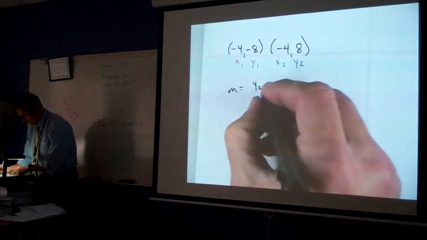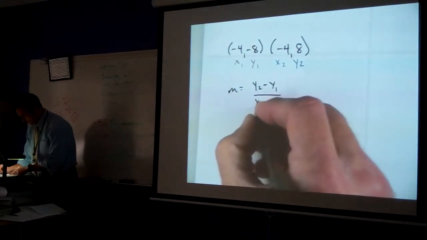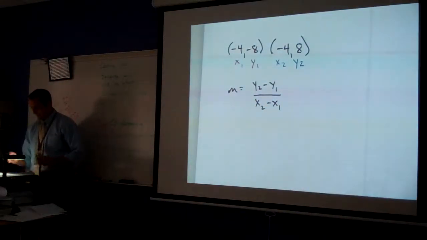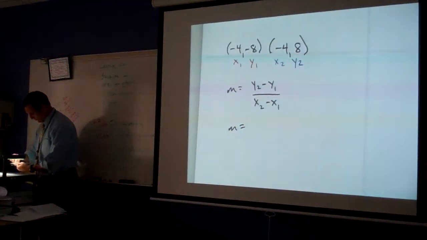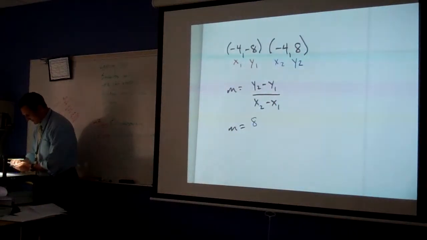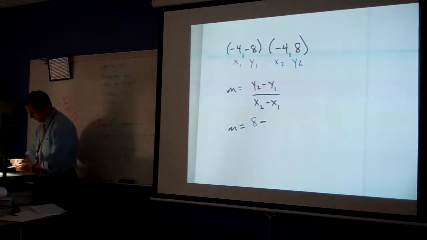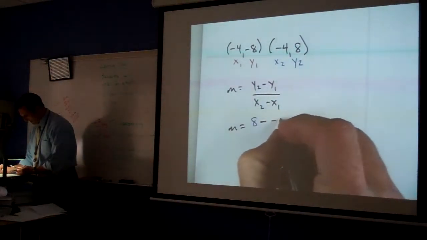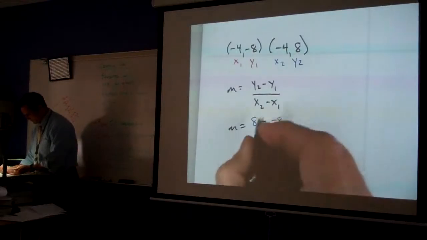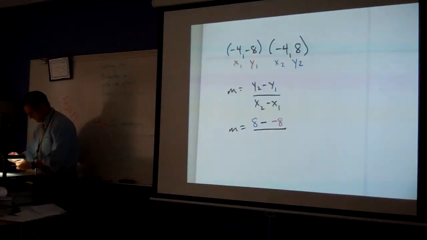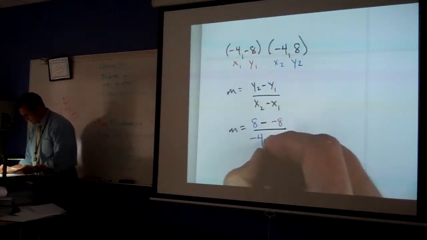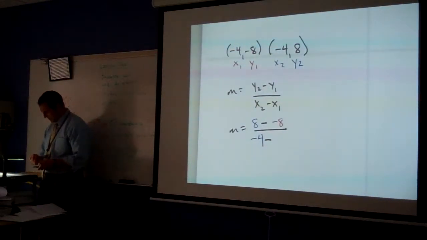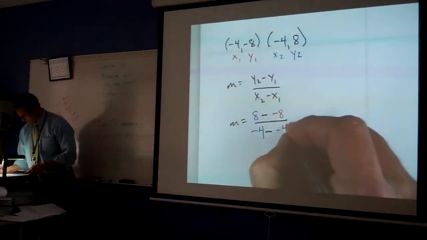It is the change in y over the change in x. And we substitute our values. Slope is y2, which is 8, the minus from the formula, y1, which is -8, over x2, which is -4, the minus from the formula, and then x1, which is also -4.